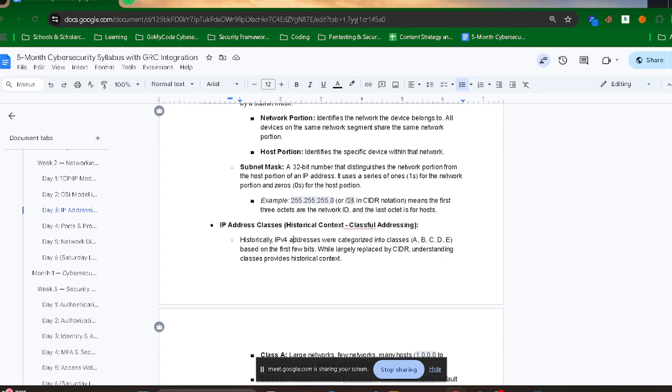So this /24 shows the number of ones that you have in the subnet.